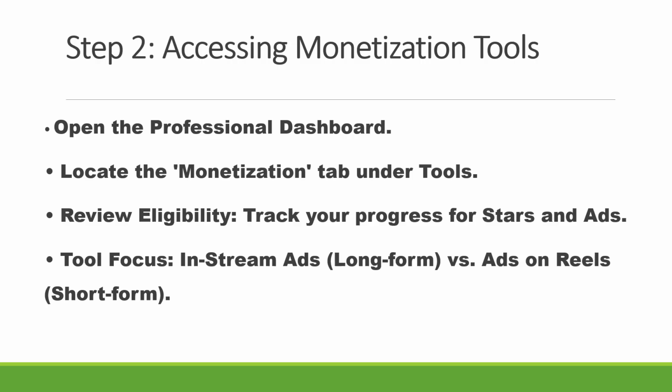Under this tab, you click on it and review the eligibility so that you can track your progress and stars. Maybe some people give you gifts, star your fans, and ads. As soon as you start seeing ads inside your uploaded videos and reels, you know your monetization is coming closer.